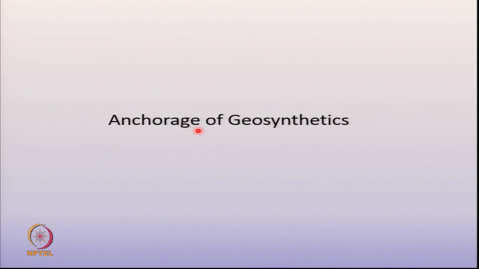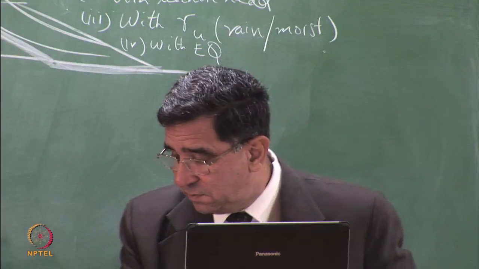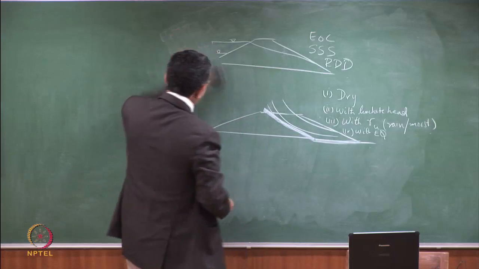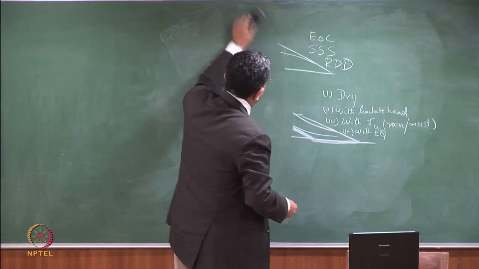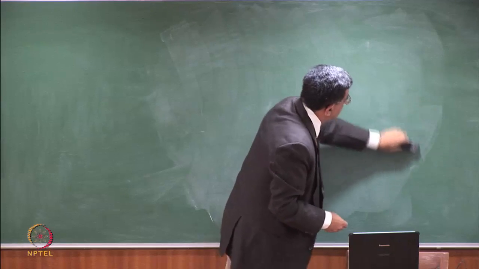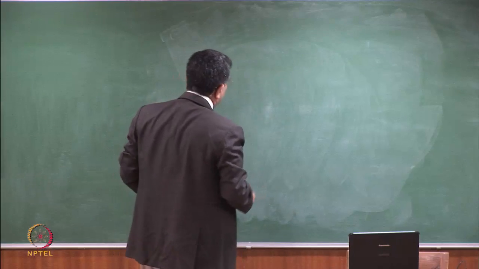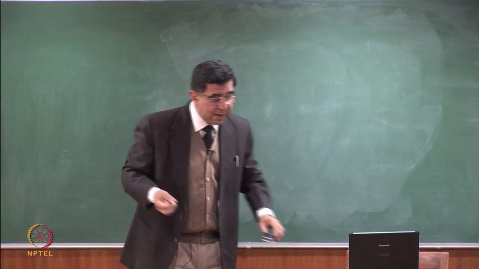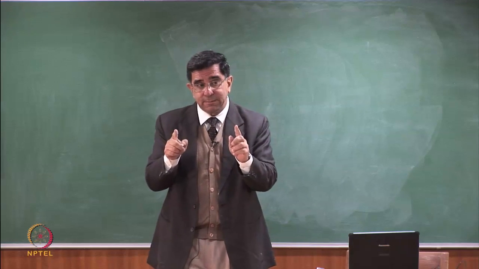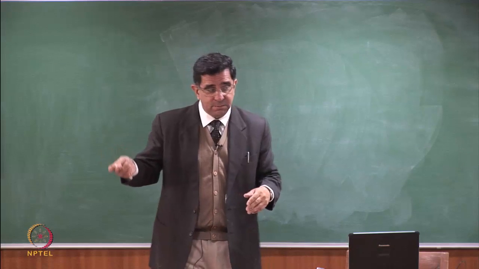And now let's come to the final thing about anchorage. How do we anchor the geomembrane at the top or at the berm? Both your geomembrane and a reinforcing geogrid, if you are using the T, you have to anchor them to the top, right?